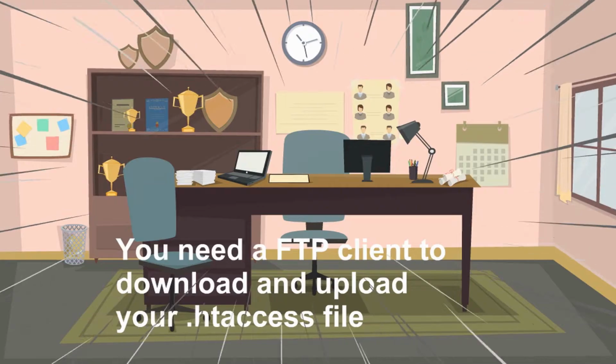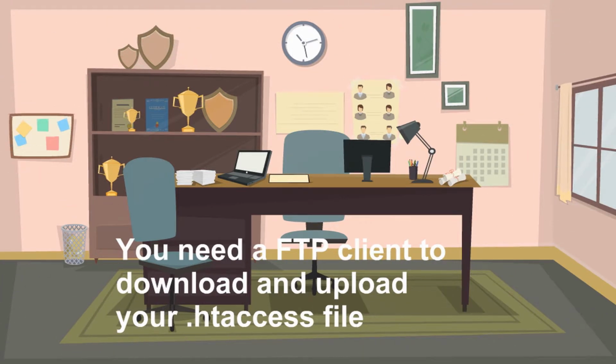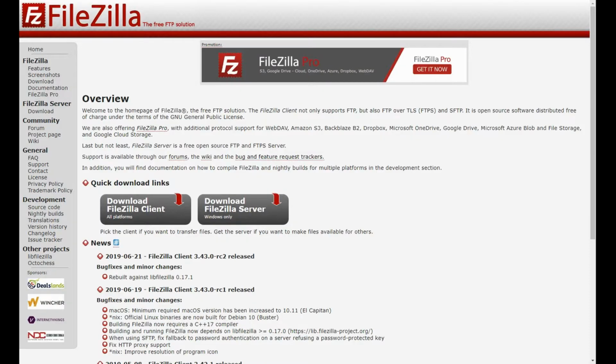To install this script in your .htaccess file, you first need to download it to your computer. We usually use an FTP client, and there are two that I recommend, and they are both free. The first one is FileZilla, which is cross-platform compatible for Linux, Windows, and Mac.